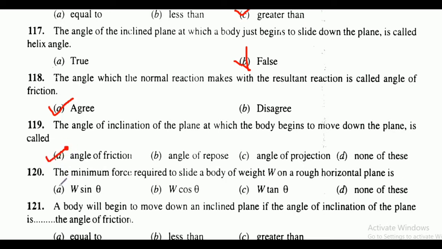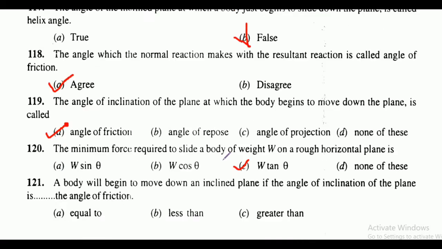Next is 120 question. The minimum force required to slide a body of weight W on a rough horizontal plane is, your options are W sin theta, W cos theta, W tan theta, or none of these. Here correct answer is option C, that is W tan theta.